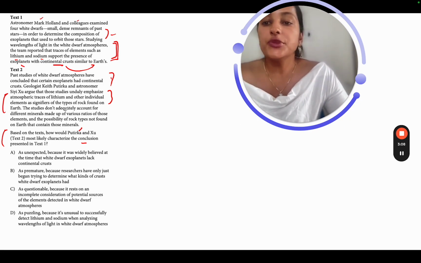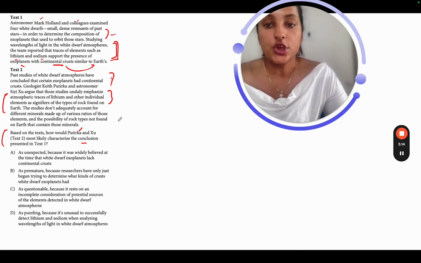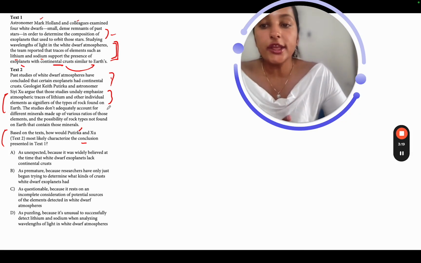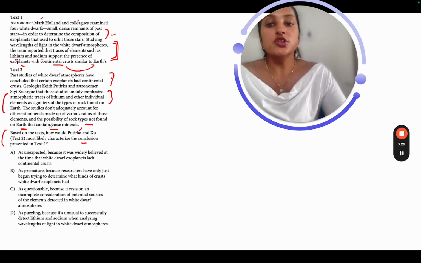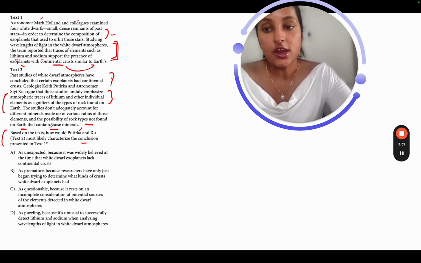Let's read ahead. The studies don't adequately account for different minerals made up of various ratios of those elements. So what is the problem? The study is not accounting for different minerals that can consist of lithium and sodium. Alright, and the possibility of rock types not found on Earth that contain those minerals. So they are not looking at the possibility of minerals that can also have lithium and sodium but are not found on Earth. Correct?